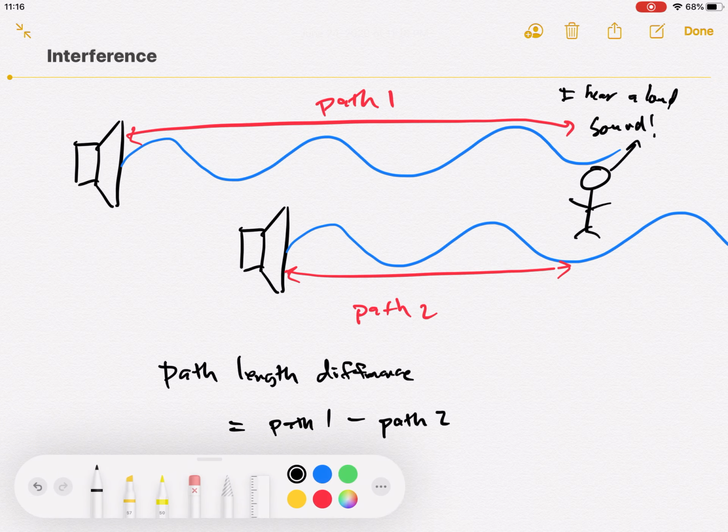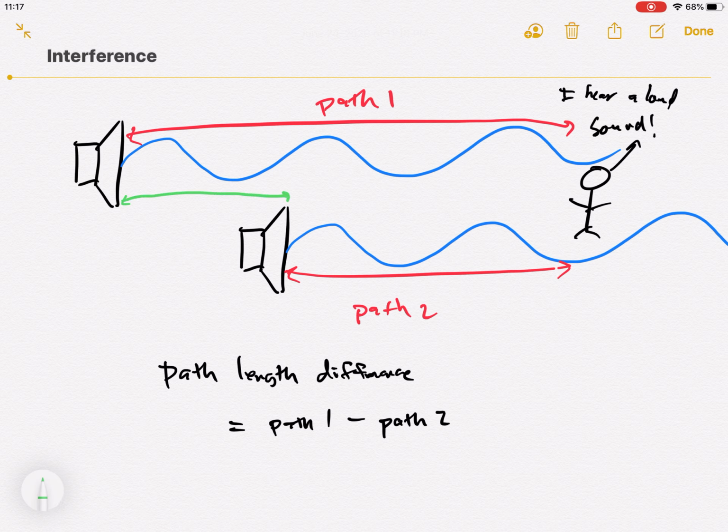But what really matters is this distance right here. That's my path length difference. Sometimes we call that delta D. That is a wavelength. So if the path length difference equals a wavelength, it's constructive interference.